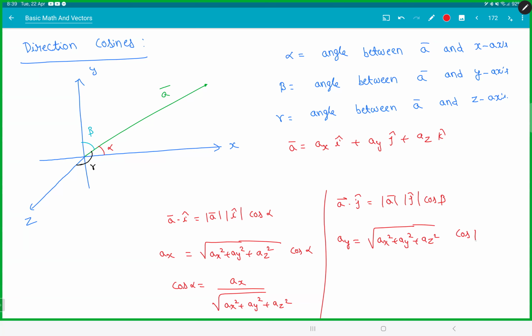So cos alpha, cos beta, cos gamma, these are called direction cosines. Have a look at this page, then I'll show you cos gamma also. I hope you're getting the meaning of what a direction cosine is. Basically, the cosines of the angles between the vector and the x-axis, y-axis, and z-axis are called direction cosines. These are the cos angles which will give you the direction.